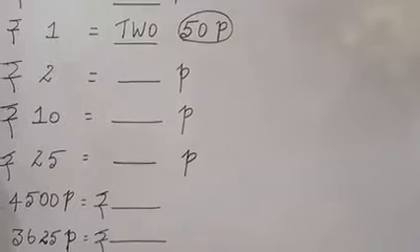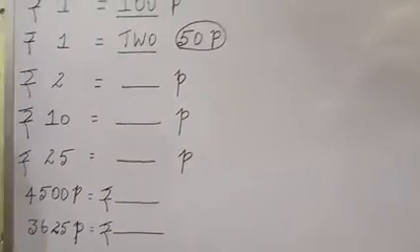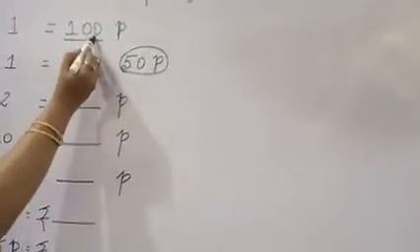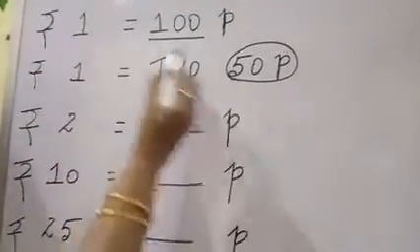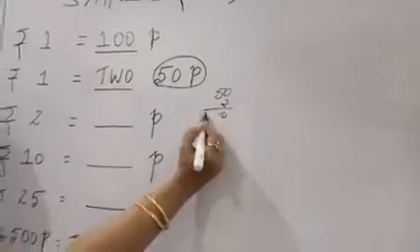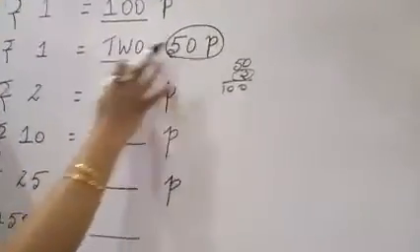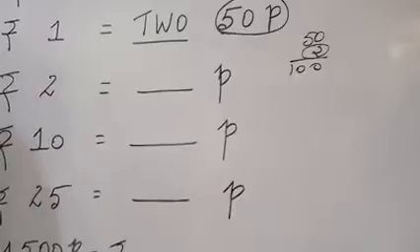See, children, 100 paise is equal to 1 rupee. So 50 two times you get 100. So how many times? Yes, 50 paise is 2 times in 1 rupee.